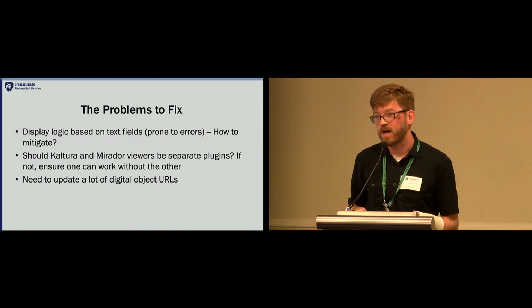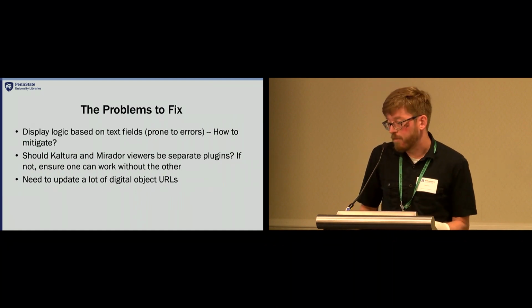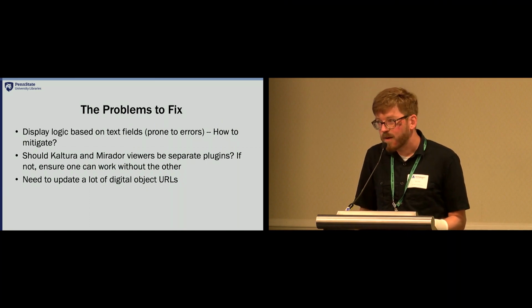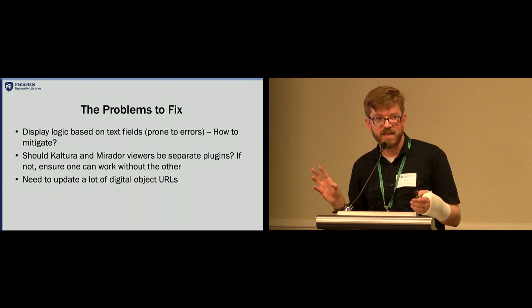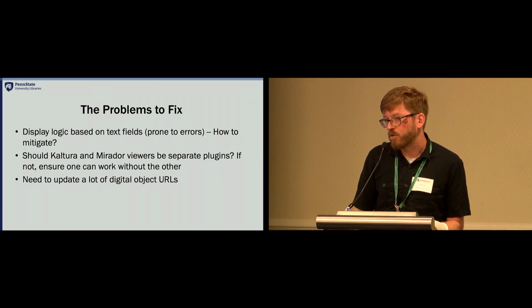As we train them on getting their stuff to look like our stuff, we need to make sure they're aware the viewer is particular. It's not a great design pattern that I've adopted, where I have single plugins doing all sorts of different things. It's probably a better idea if the Mirador plugin that I wrote and the Kaltura plugin were separate.